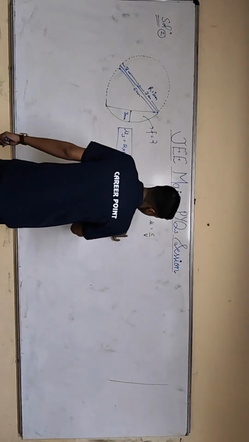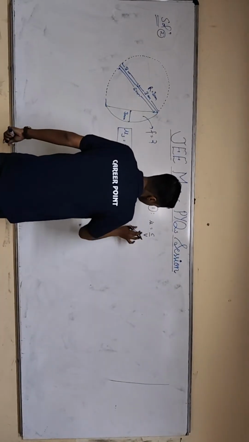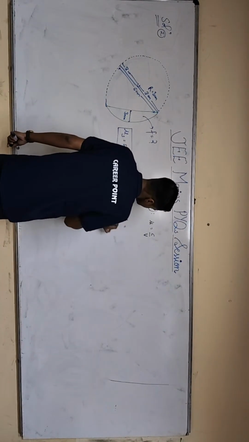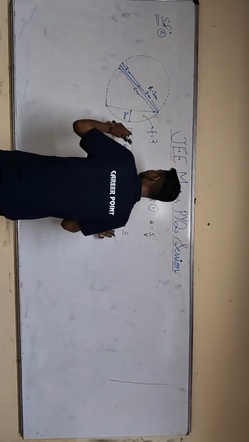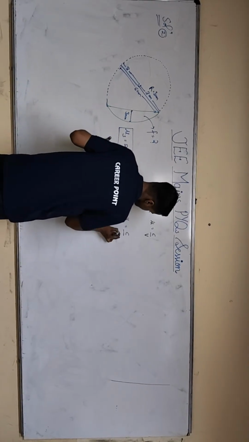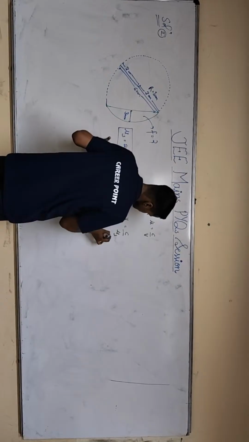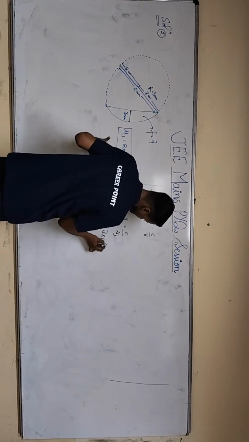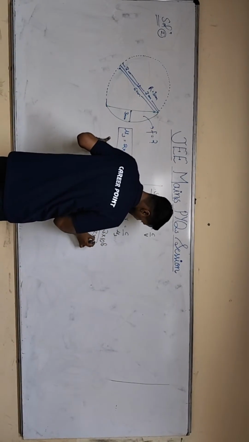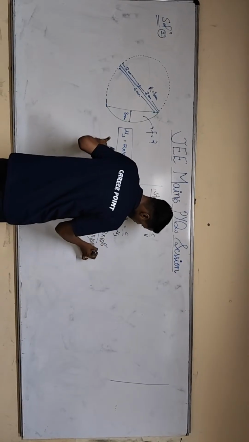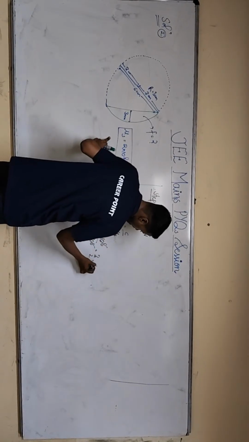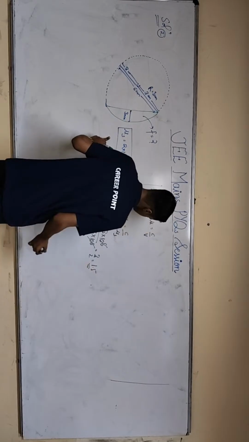Substitute the values: mu is equal to c upon v, which is 3 × 10^8 upon 2 × 10^8. The 10^8 cancels out, so mu is around 1.5. I hope this is clear to you.